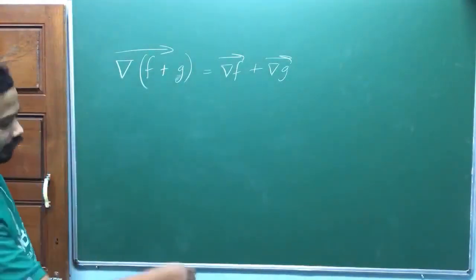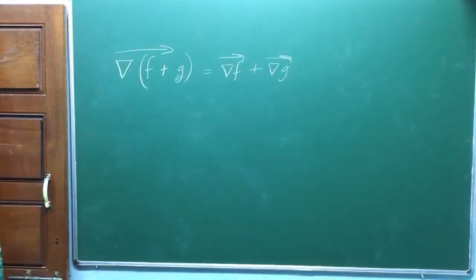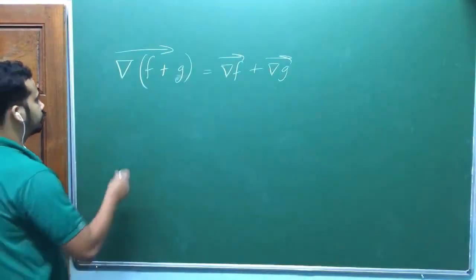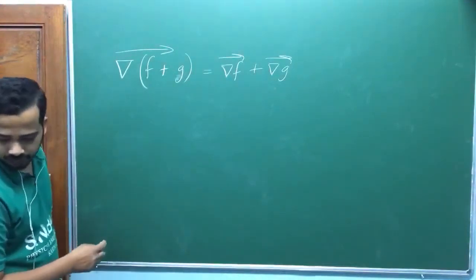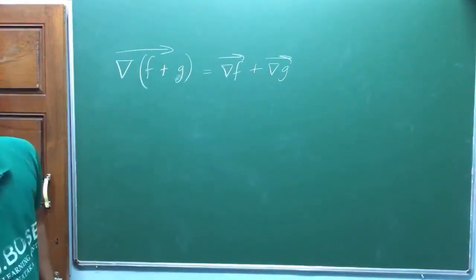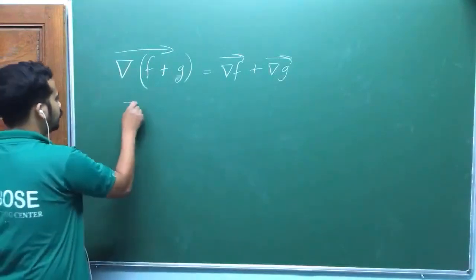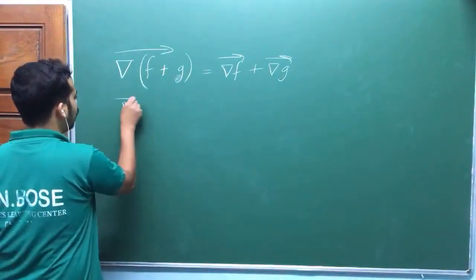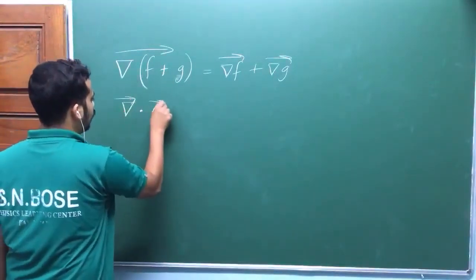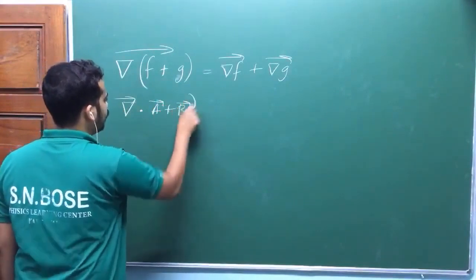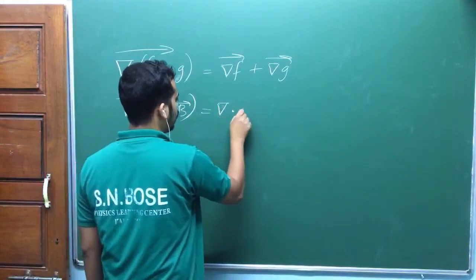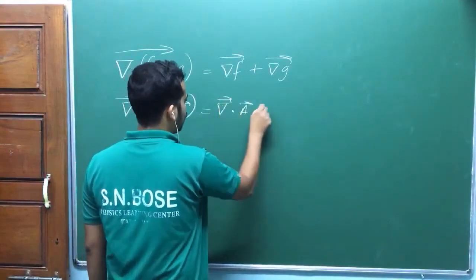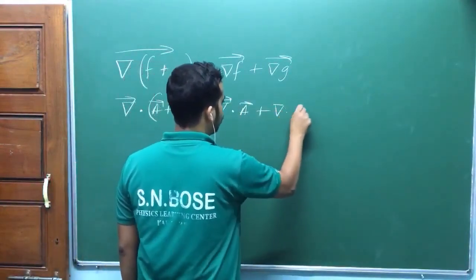Now similarly, in case of curl also, you can do like this. I think we have done that in case of divergence and curl. In case of divergence, del dot (a plus b), I hope I can write like this: del dot a plus del dot b.